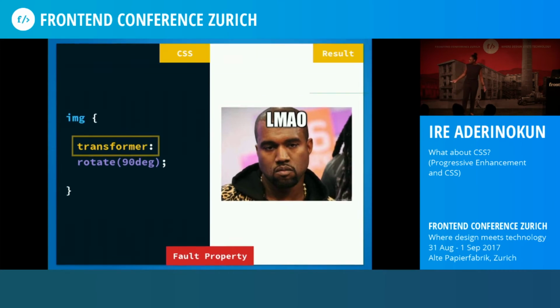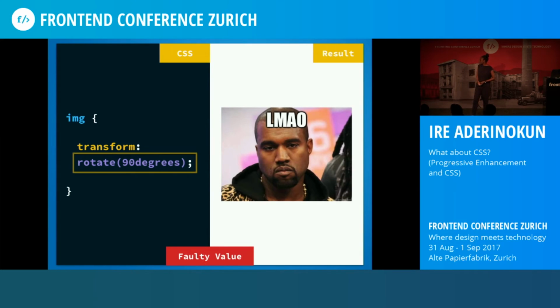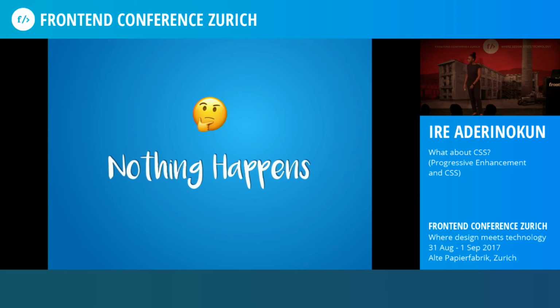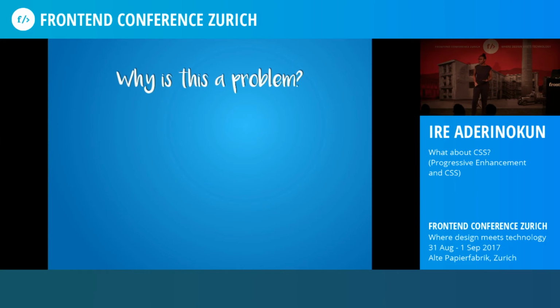Then we have a faulty property, and again, obviously nothing happens. Another one where we have a faulty value, again, nothing happens. And even if we get all of that right, and your user is using a browser like Opera Mini, for example, we get the same effect. Basically, nothing happens.